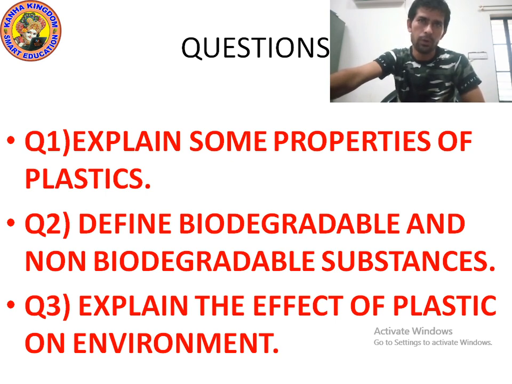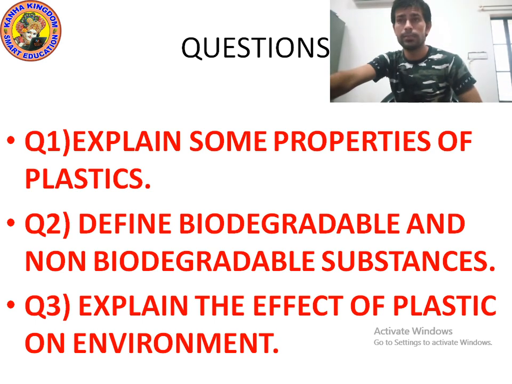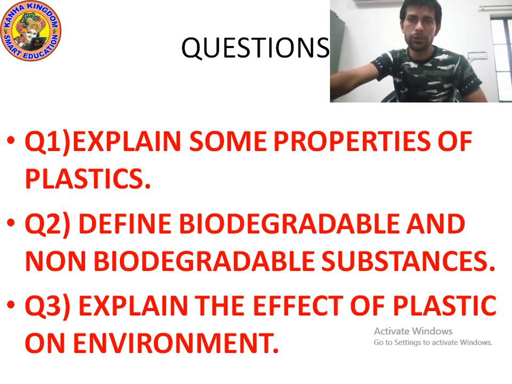I hope you understood. Now let's see the next question. Question number 2: define biodegradable and non-biodegradable substances. Substances which get decomposed by the action of bacteria are known as biodegradable substances, and substances which don't decompose by the action of bacteria are known as non-biodegradable substances.